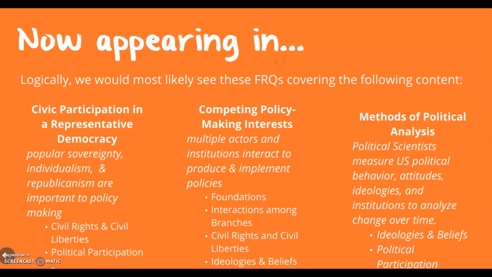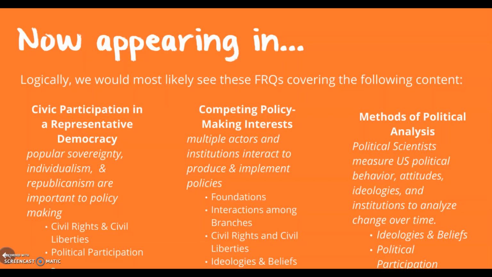So we might see these in a couple of different units. There's some big ideas that College Board wants us to focus on, like civic participation and representative democracy. So we may see some data charts relating to civil rights and civil liberties, maybe political participation, elections, and so forth.